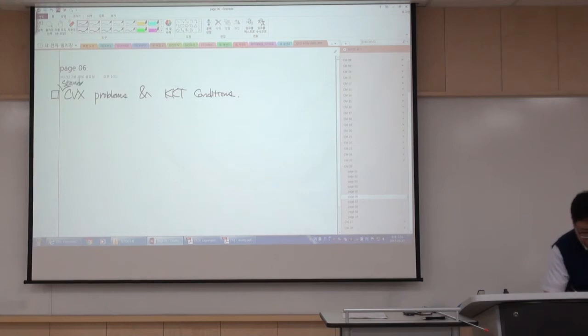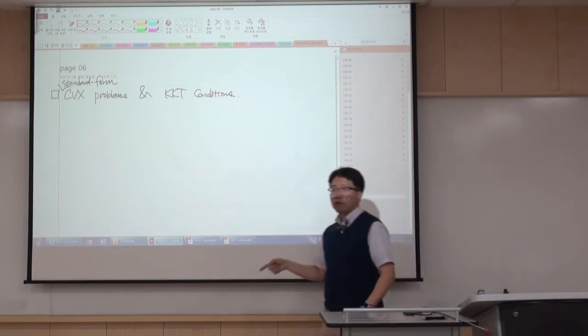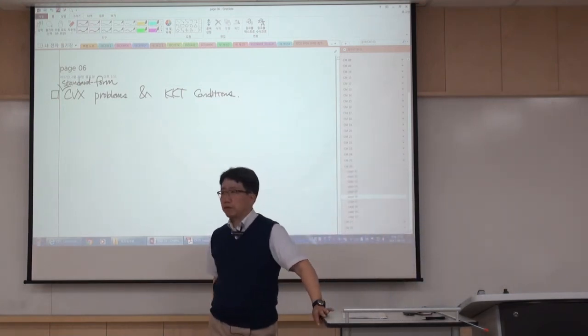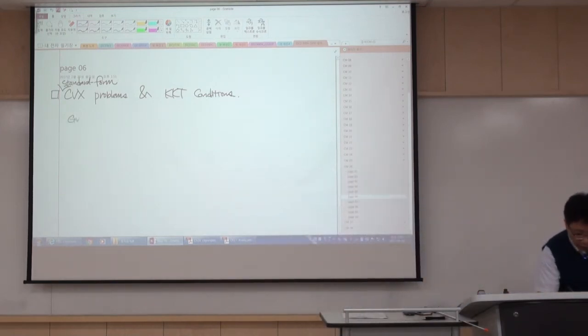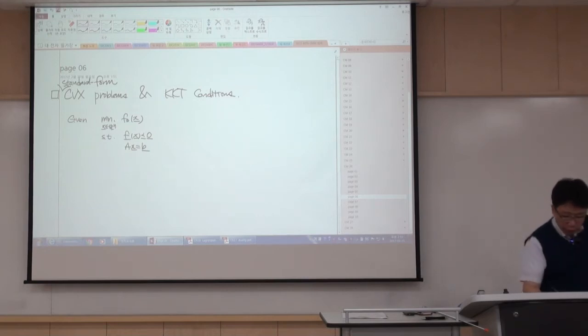What does that mean? The equality constraint function is an affine function, Ax minus b. So given minimization of f0 of x over x, subject to f_i less than or equal to 0 and Ax equals b. And of course, they are convex functions on the domain.